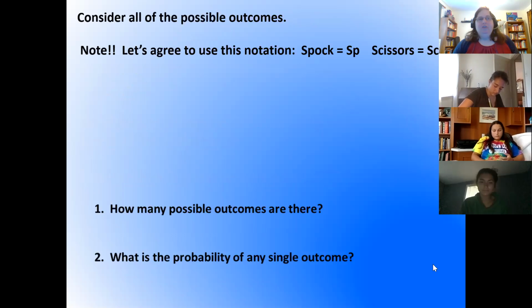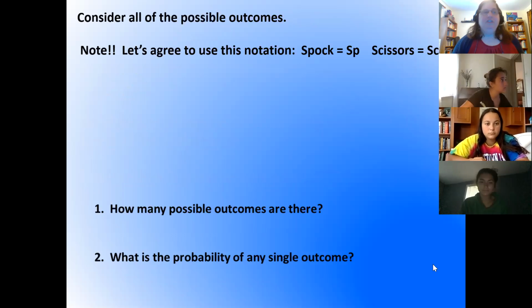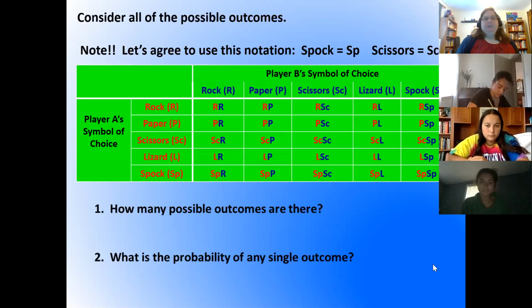Okay, so now let's consider actually figuring this out using probability. We went from 9 outcomes before to how many now? I see 5 down by 5 across, so 25 total.